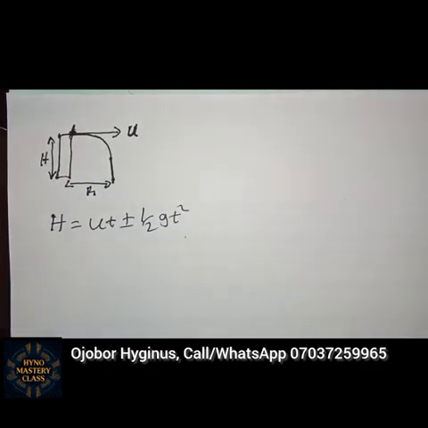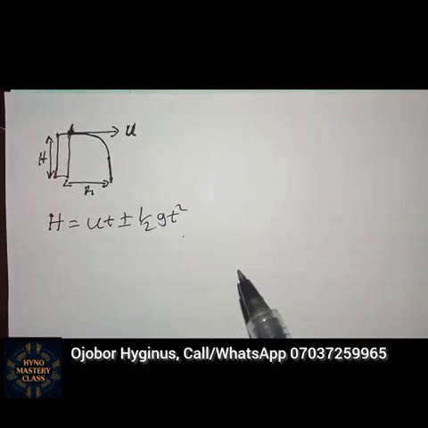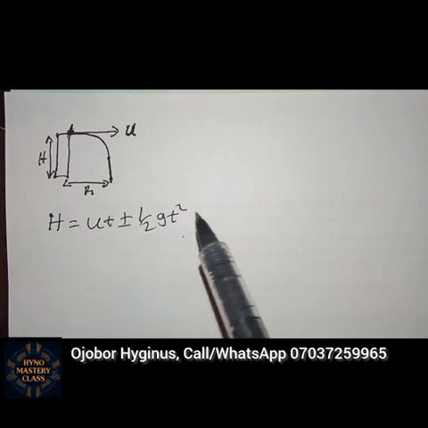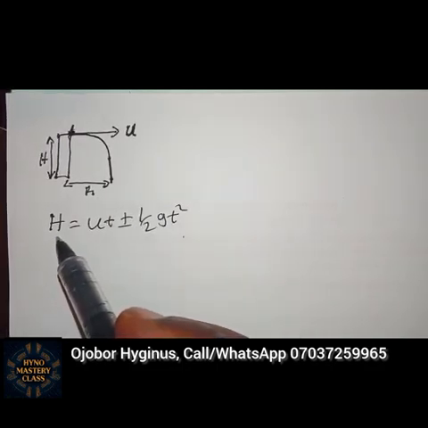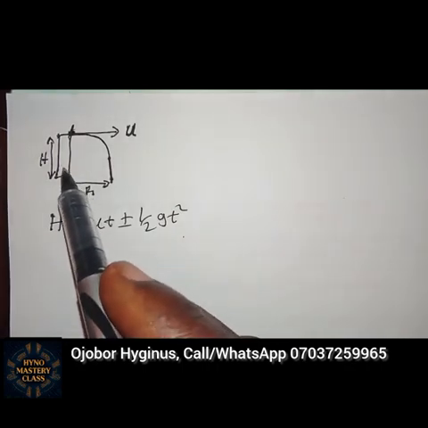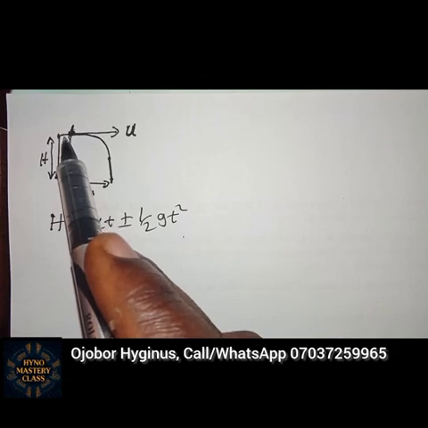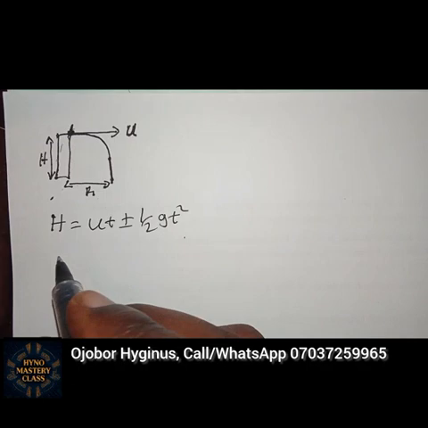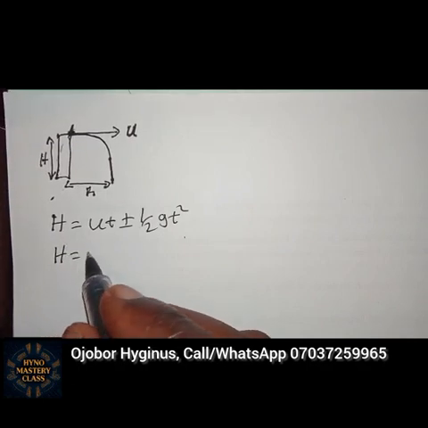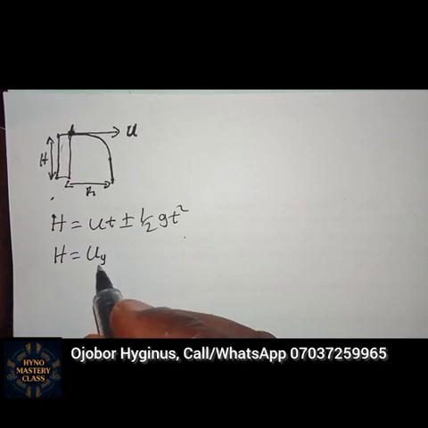So if we make use of this second equation, it will help us do whatever we want to do in horizontal projection. Now, what do I mean? If I want to determine the maximum height of projection, when you are considering the vertical component, not the horizontal component, and we said that if we say the vertical component, that means u is the vertical component of initial velocity.